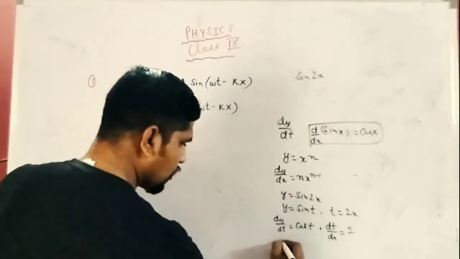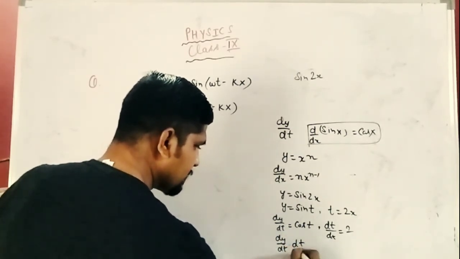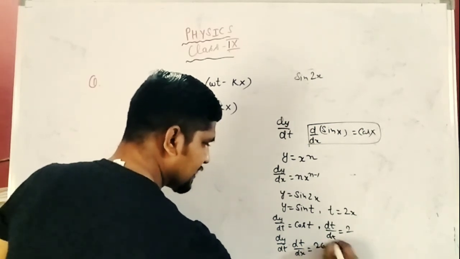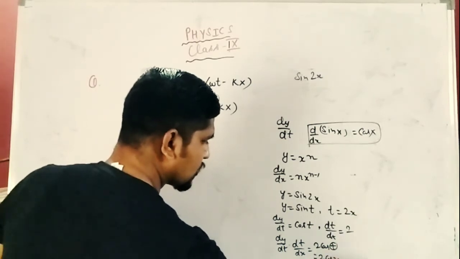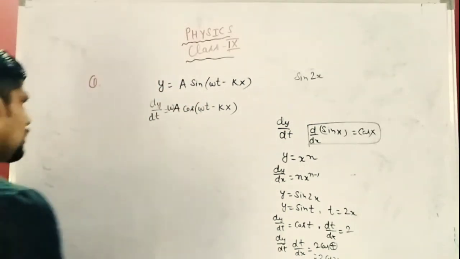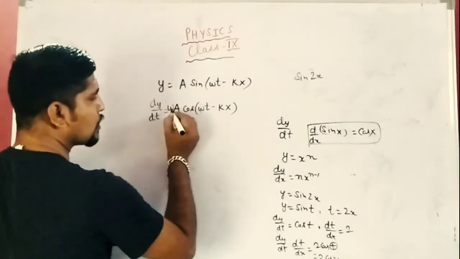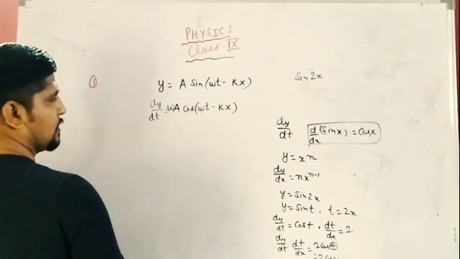Multiplying dy by dt into dt by dx, you will get 2 cos t, and the value of t is 2x, so 2 cos 2x. Clear? So it means dy by dt is equal to omega a cos omega t minus kx.